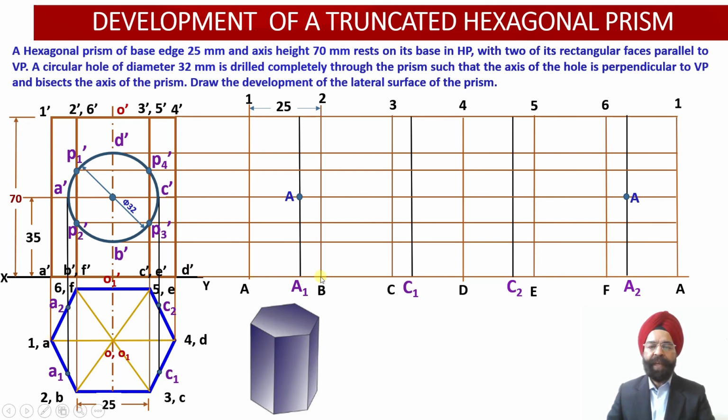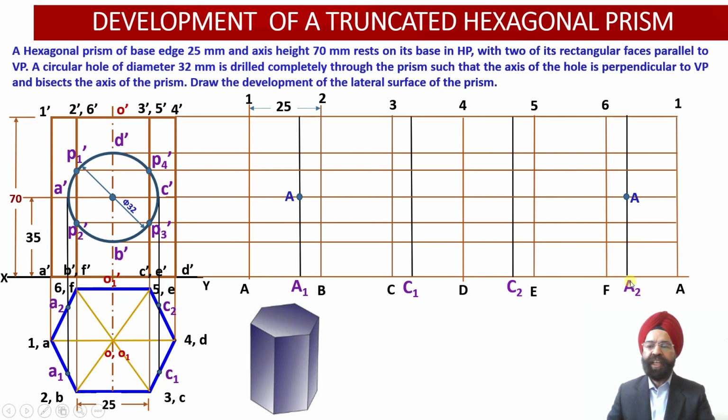So between AB we can check this is point A1. So this black projector line emerging from A1, wherever it intersects with the horizontal projector line emerging from A dash, we locate the position of the point A onto the front surface of this hexagonal prism over here.